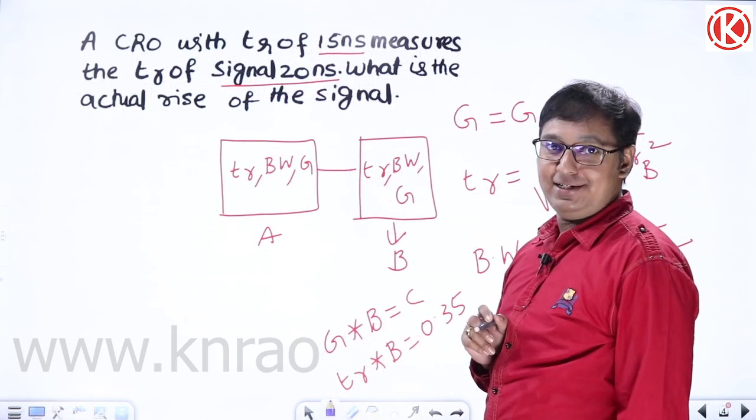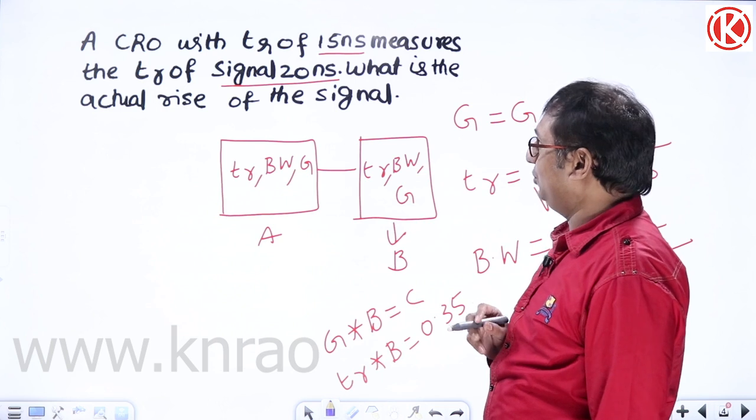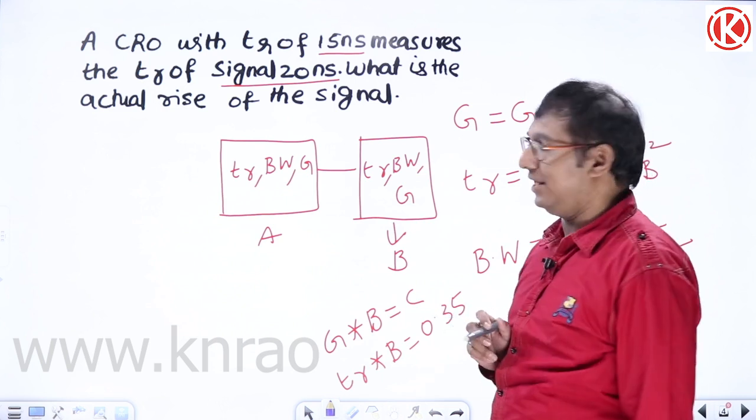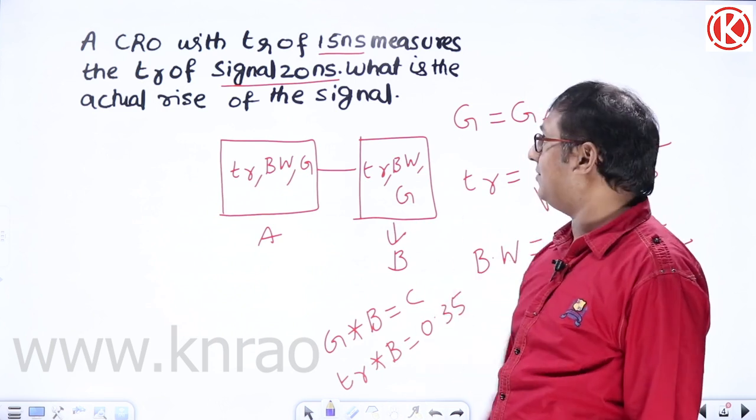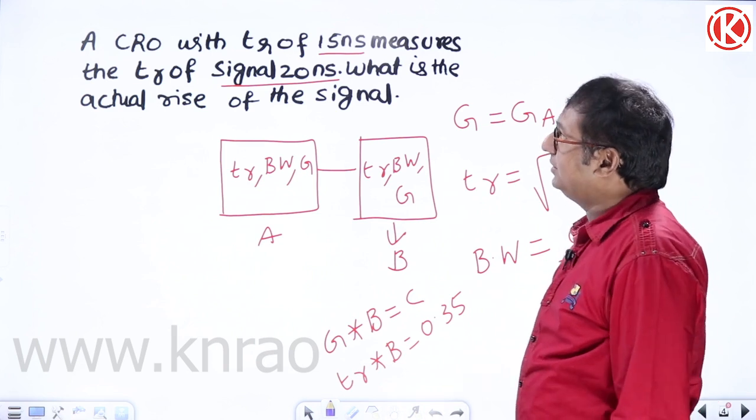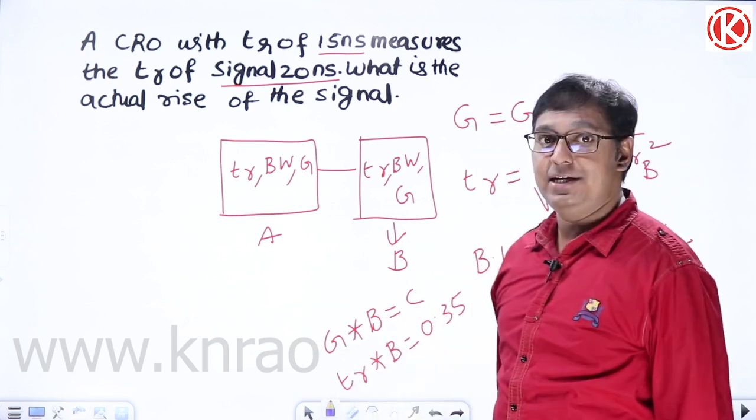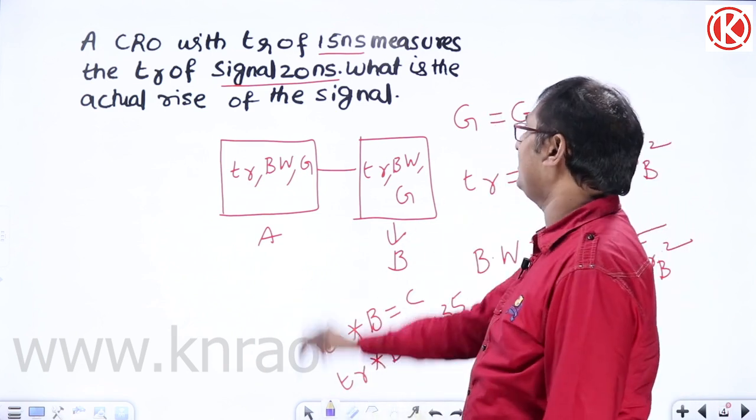Let us have a look at the data. A CRO with a rise time of 50 nanoseconds, means the CRO rise time is given here. It measures the rise time of a signal as 20 nanoseconds.